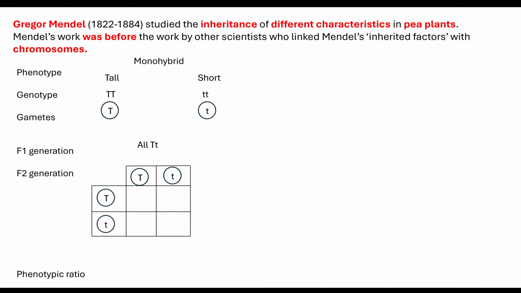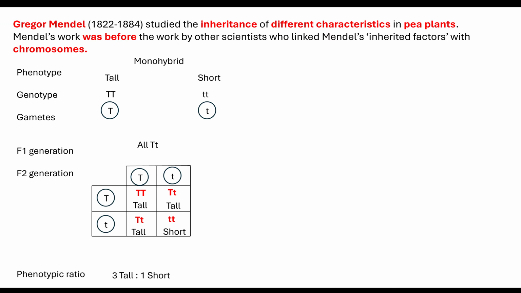We would end up with a possible combination of TT, capital T tall, capital T lowercase t, also tall, because remember that dominant allele, and two lowercase t's would be short. So our phenotypic ratio, our observable characteristics, would be a ratio of 3 tall to 1 short.